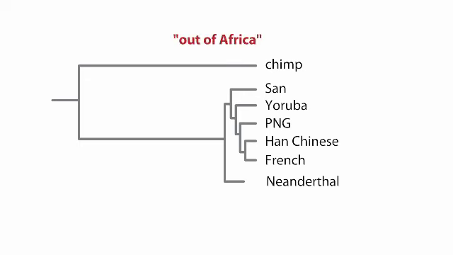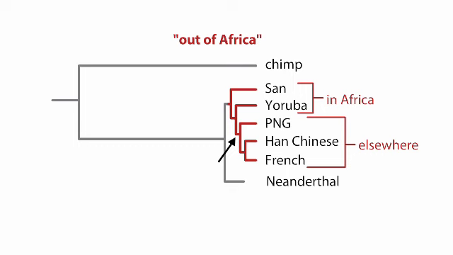In a model of human origins called Out of Africa, humans evolved in Africa, and then a subgroup of humans migrated out of Africa and colonized the rest of the world. Modern humans arrived in Europe about 45,000 years ago, and Neanderthals did not become extinct until about 30,000 years ago, so they must have lived in the same regions for several thousand years.